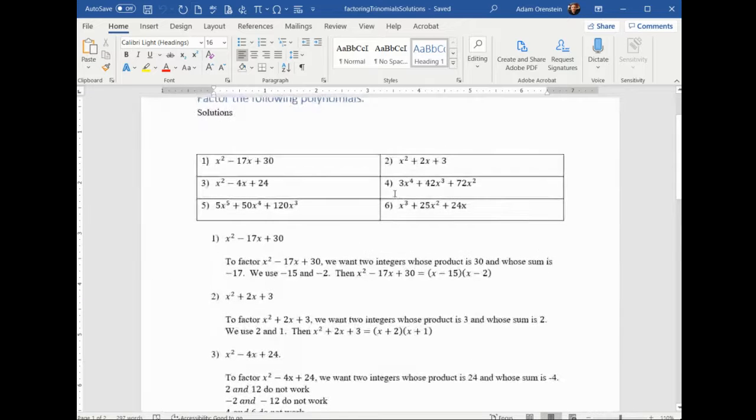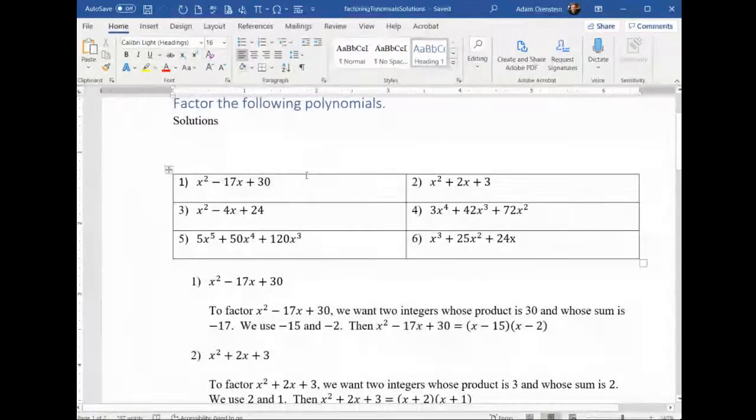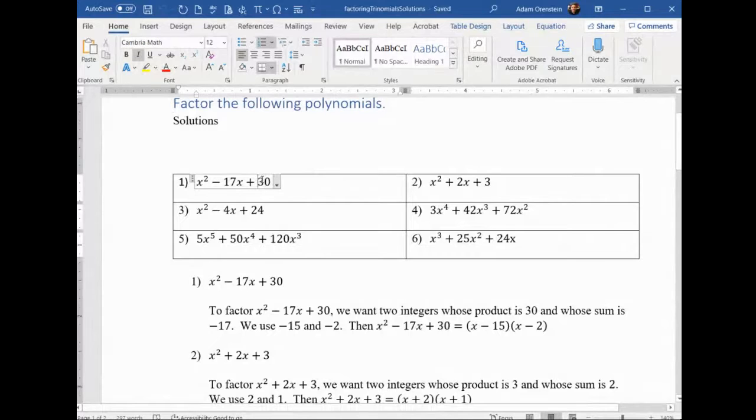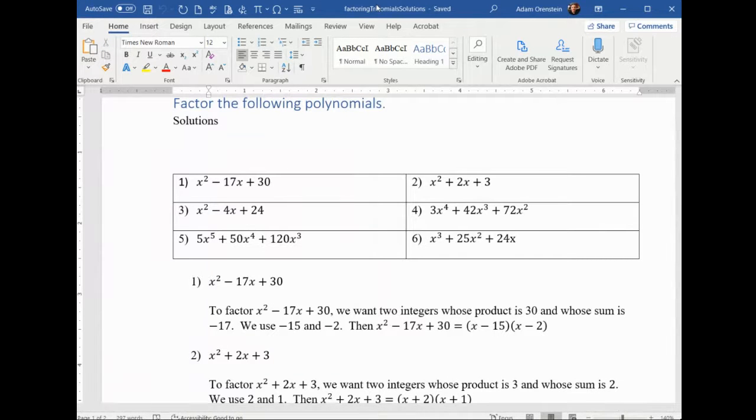So the product has to be the constant term, the 30, and the sum has to be negative 17. Remember, you want to include the negative sign. You have to include that. And as I have here, hopefully you use the numbers negative 15 and negative 2, because those numbers basically work. And so we get this.